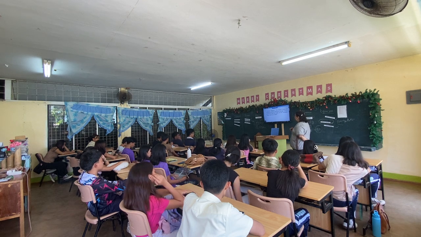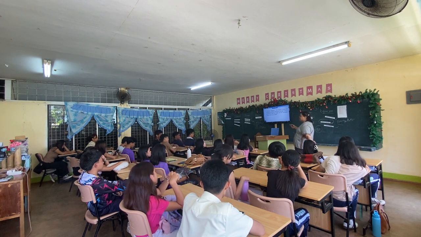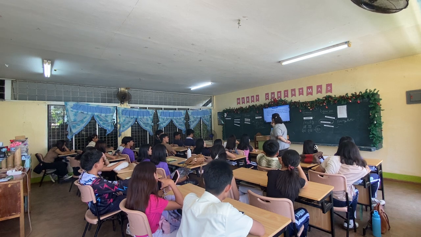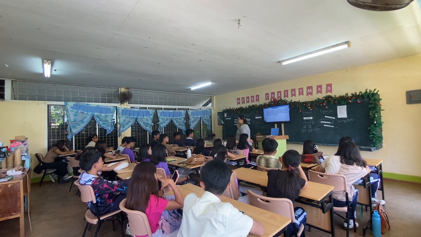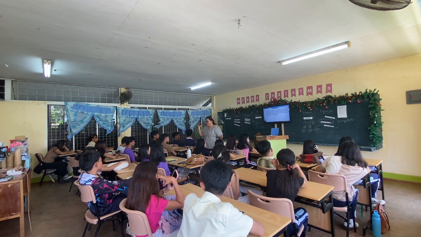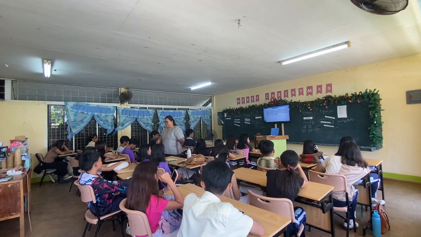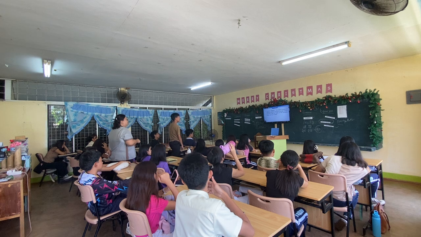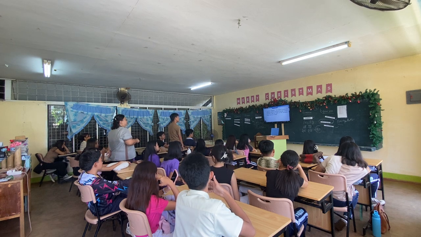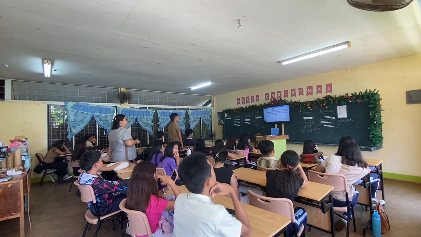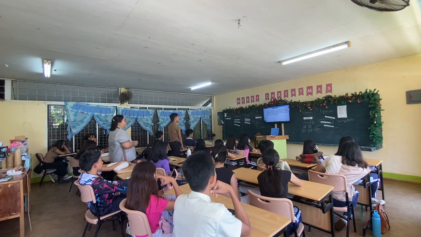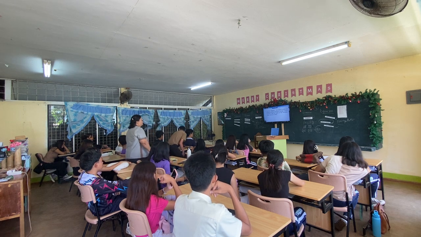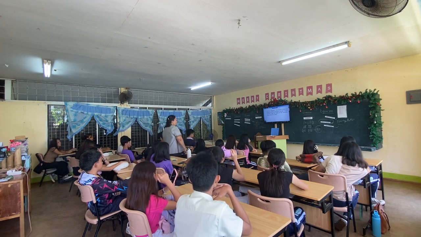Another expense is insurance expense. Diana, please read about the insurance expense. Insurance expense. The expired portion of the premium paid on insurance coverage, such as premiums paid for health, life insurance, motor vehicles. Okay, this is the expired portion.